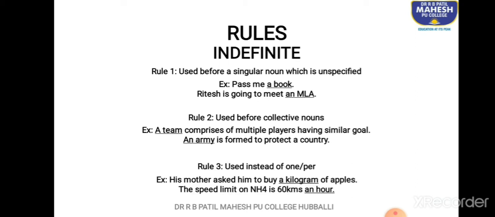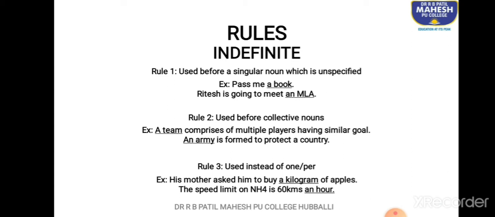Rule number three: indefinite articles are used instead of one or per. Example: his mother asked him to buy a kilogram of apples. The sentence is usually, his mother asked him to buy 1 kilogram of apples.